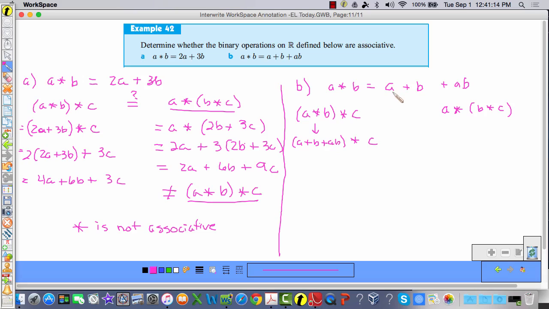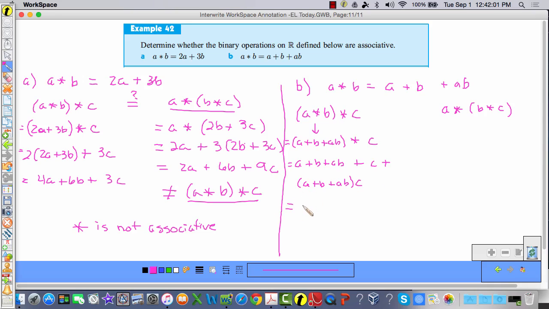Anywhere I see an A, I replace it with this, and wherever I see a B, I replace it with C. So this A becomes A plus B plus AB, plus then this B becomes a C, plus this A, the first thing, becomes A plus B plus AB, and this B, A times B, becomes a C.